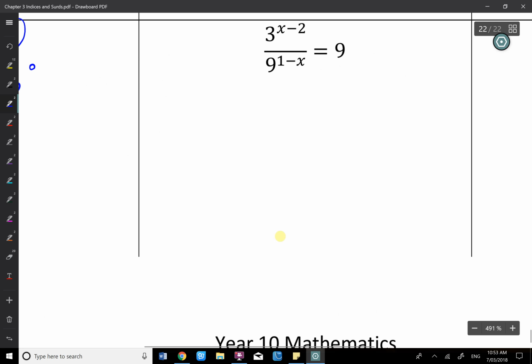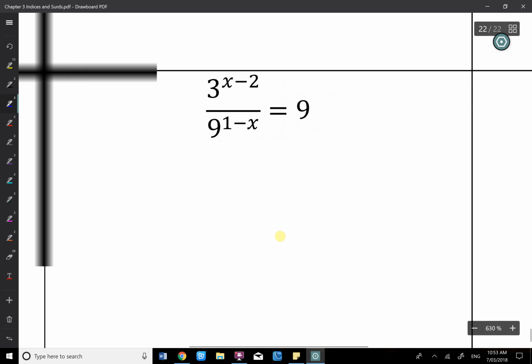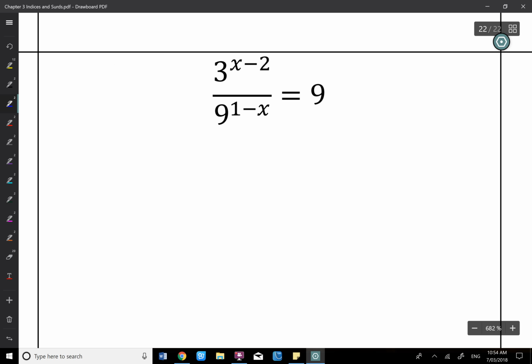Okay, this one, second last one is hard. I see like most of you can't get this right. So 3 to the power of x minus 2 over 9, to the power of 1 minus x. Before, we only have one index number on the left and another one on the right. So we just have two numbers that are equivalent. But now we actually have 3 index numbers.